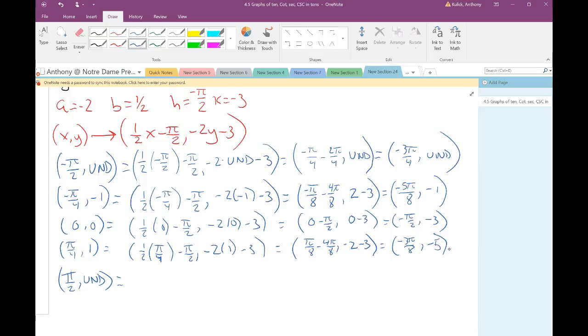So the next point turns into negative 3 pi over 8, comma, negative 5 at the end. Everybody, we're still doing all right? So far, so good? Feels very familiar, right? Just like what we got done doing. So the only difference is going to be the key points and dealing with those undefined parts.